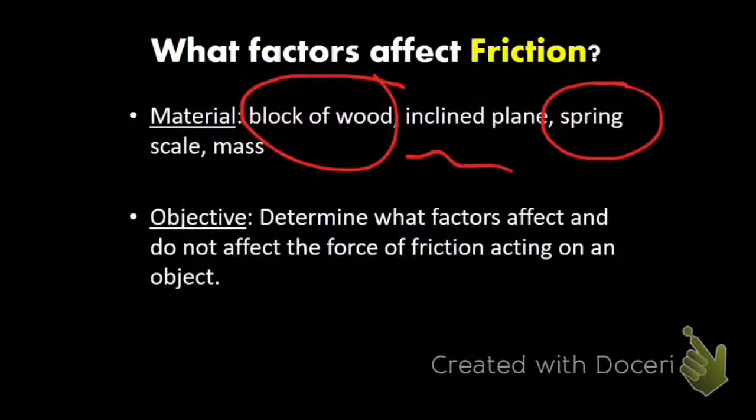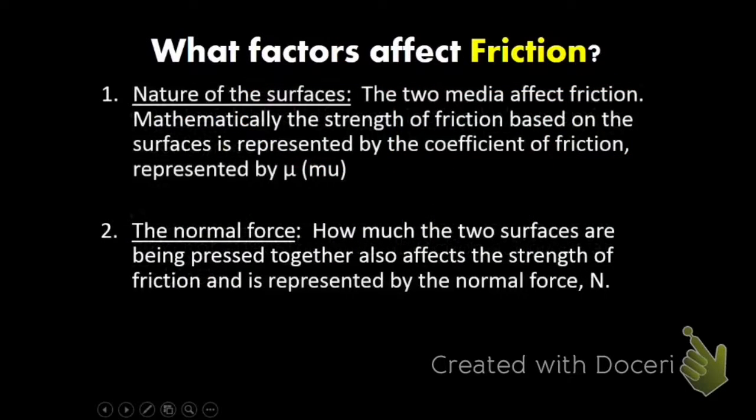So we did a little mini lab in class to see what factors affected friction, and now we're going to spell those out for you here. There are two main factors that we're most concerned with when looking at what is affecting the amount of friction between the two surfaces. The first is, what are the surfaces? What's the nature of them? What the two things are made of affects how strong friction will be.